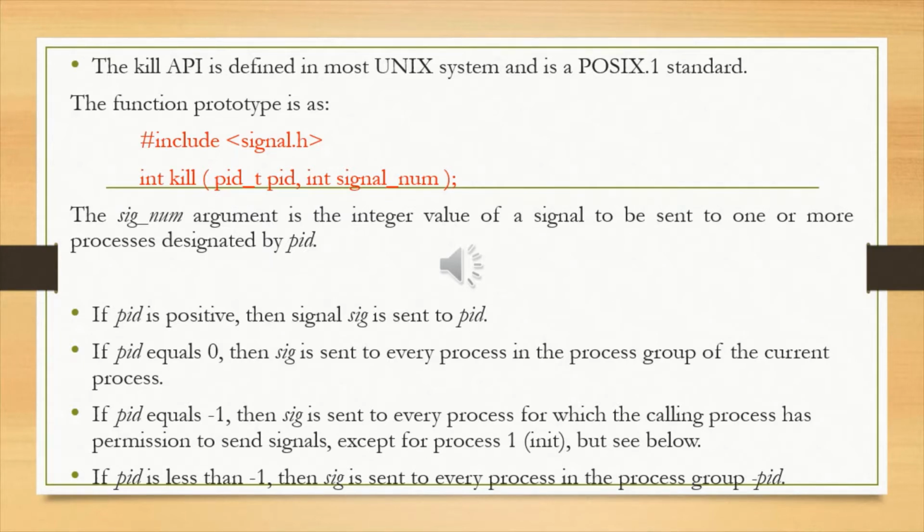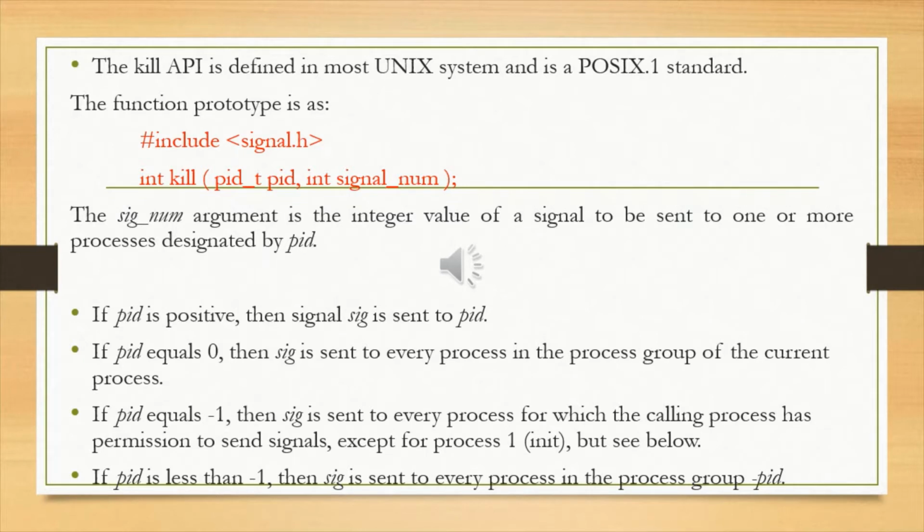For example, the parent and child process can send signals to each other through a kill API or kill function. A kill API is defined in most Unix systems and in the POSIX 1 standard.